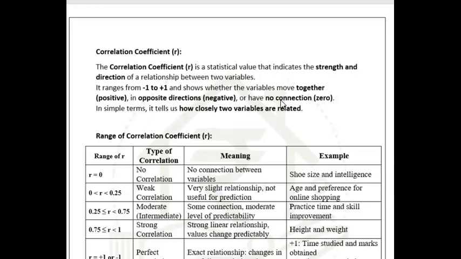If they move together, that is called a positive correlation. If they move in opposite directions, that is called a negative correlation. In simple terms, it tells us how closely two variables are related, how two variables are moving.